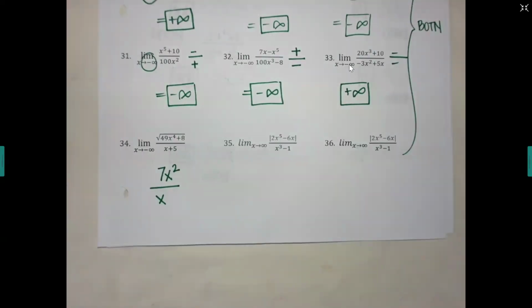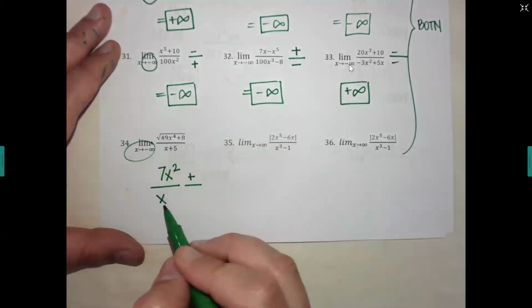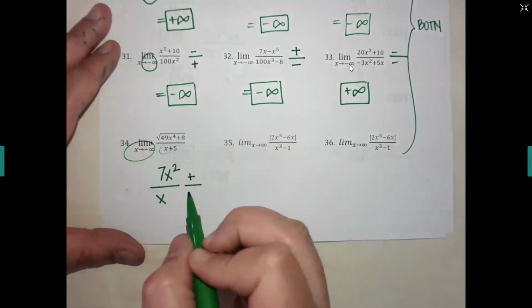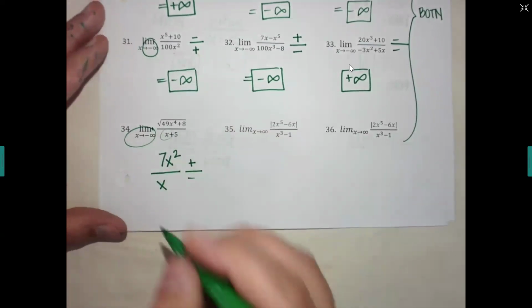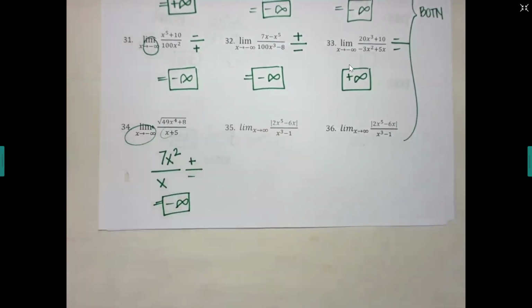The question is plus or minus. I'm taking a negative infinity and I'm squaring the top. How's it going to come out? Positive. What about for my regular x if I plug a negative infinity there? Negative. And a positive and a negative divide to a negative.